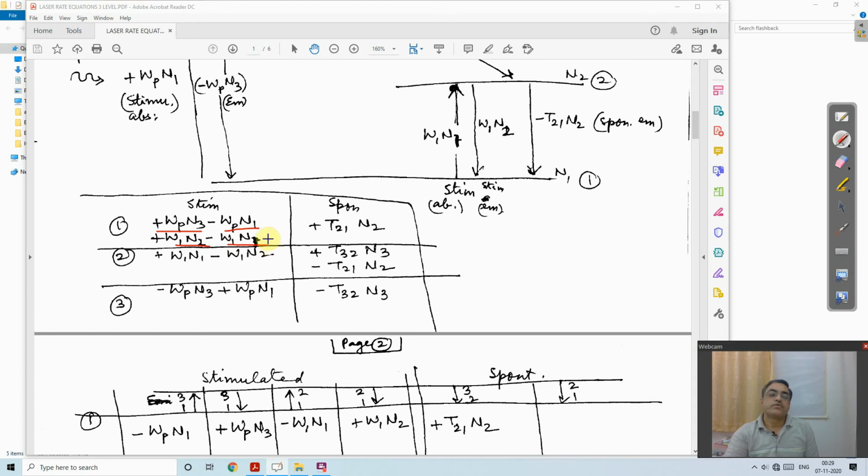When it is being populated, we have N2, and when it is being depleted, we have N1. Similar is the story with level 3: when it is being populated, we have N3, and when it is being depleted, we have N1.